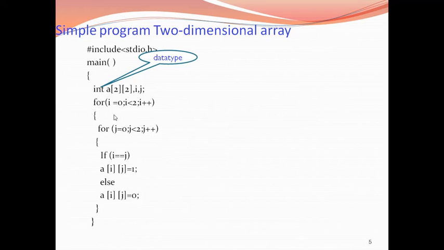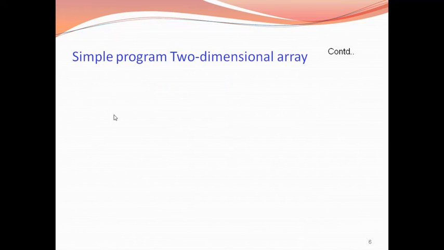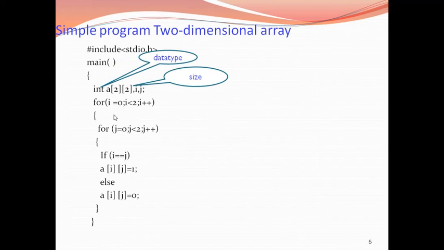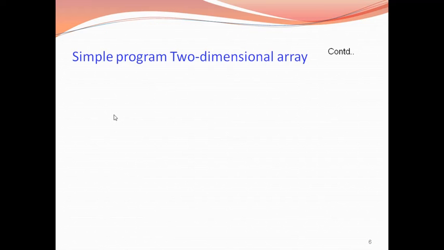Here int is the data type, and a[2][2] is the array size. For i equal to 0, i less than 2, i plus plus.